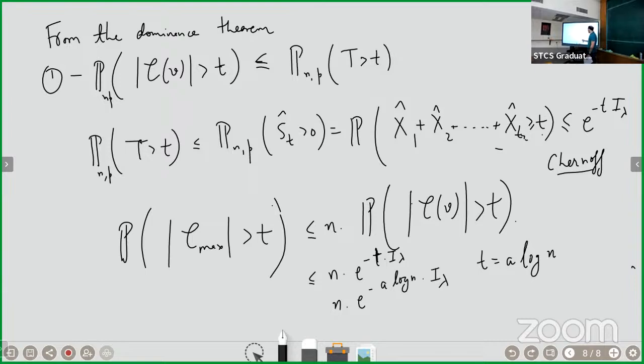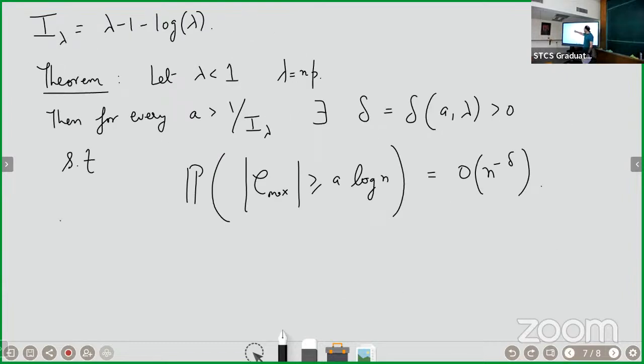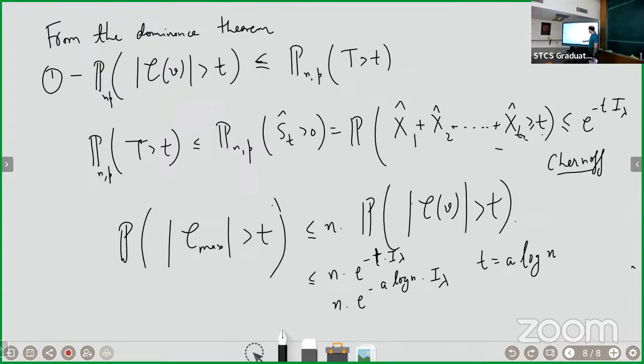So now a and I lambda have to have some relationship. That is why the theorem said for a greater than 1 over I lambda. So for a greater than 1 over I lambda, the product is greater than 1. That is why this term is going to dominate there. That's why I needed a to be greater than 1 over I lambda. But that is a fixed constant, so lambda is a fixed number.